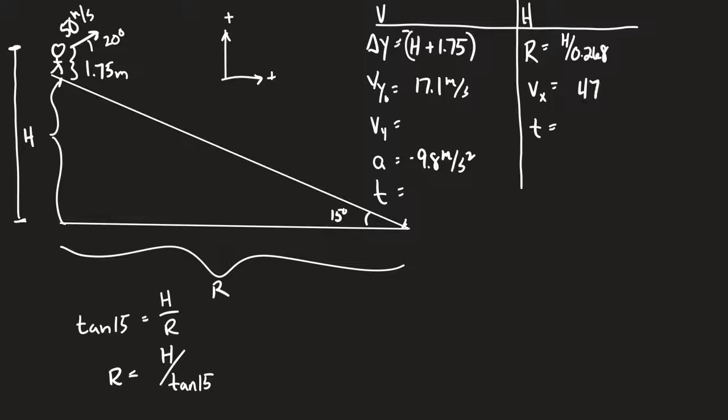47. All right. Now, I know on the right side I'm going to get h over 0.268 equals 47 times t. So I can say that t is equal to h divided by, what is 47 times 0.268?